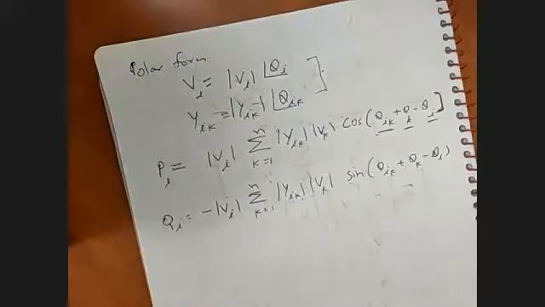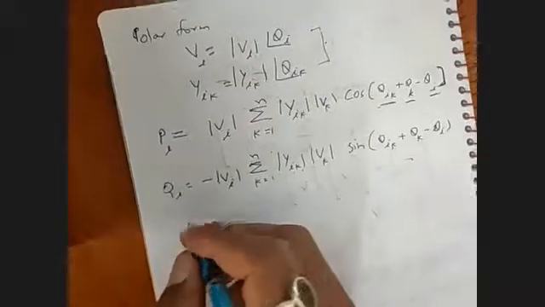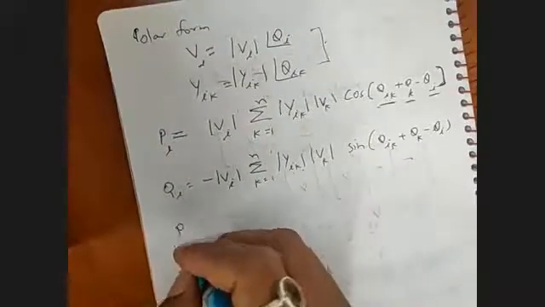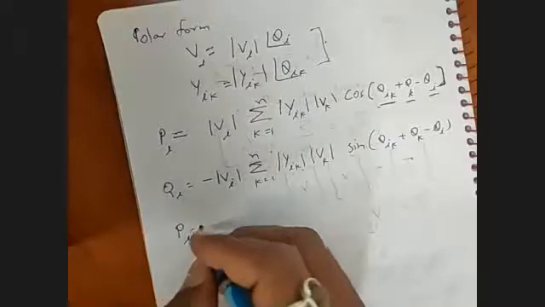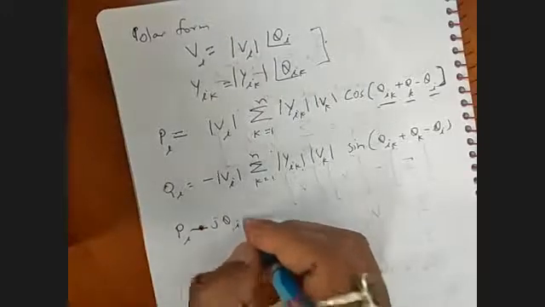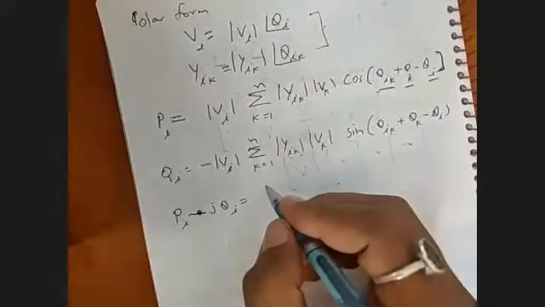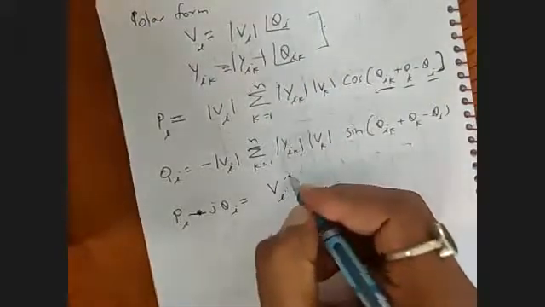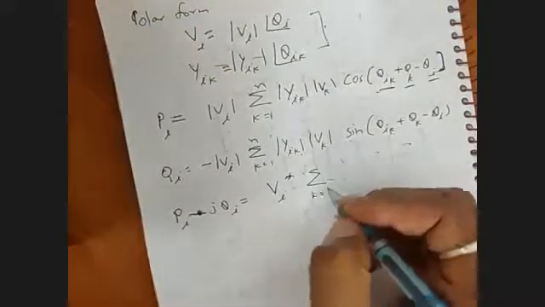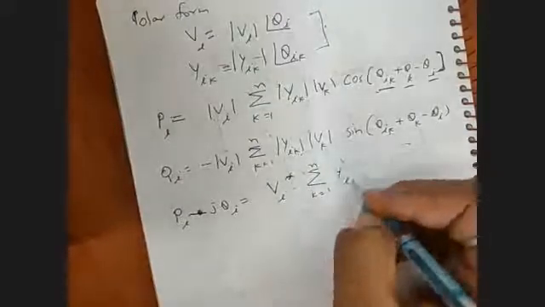कोई नहीं, चलो. First, Pi minus jQi is Vi star, summation k equal to 1 to n Yik Vk.